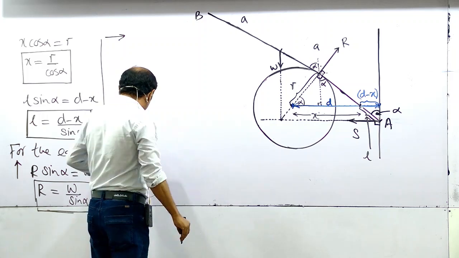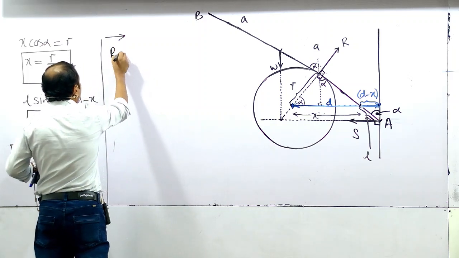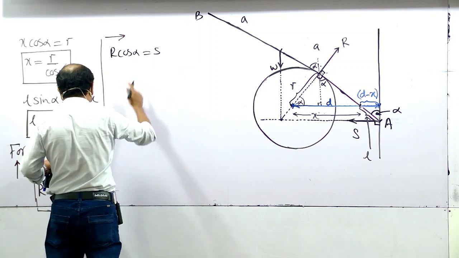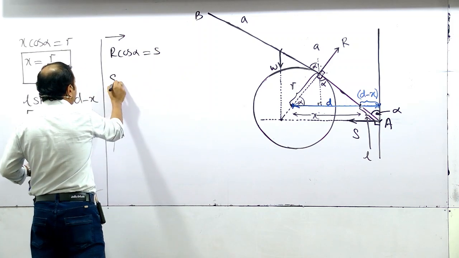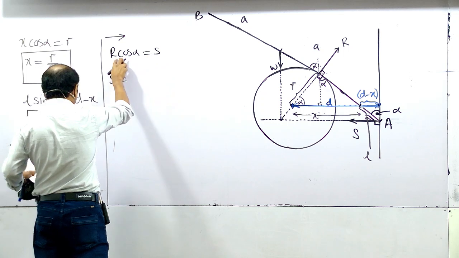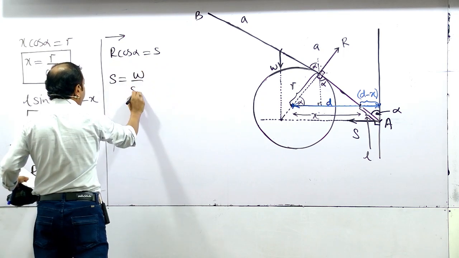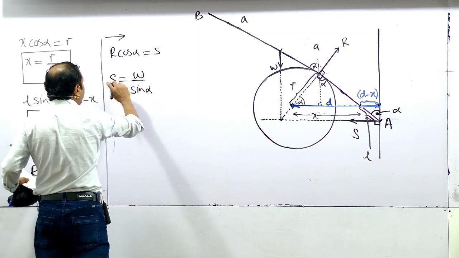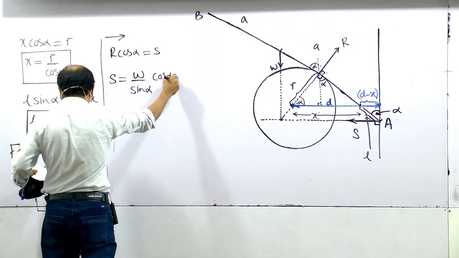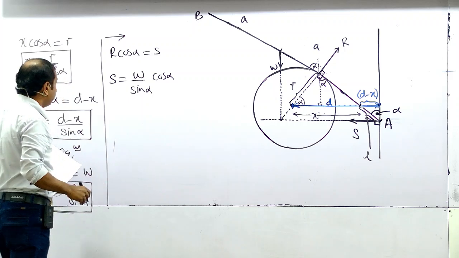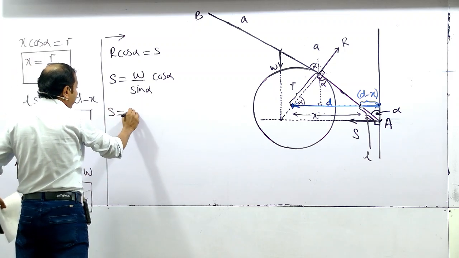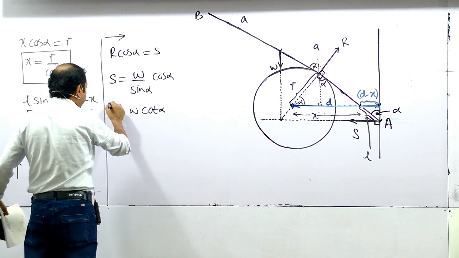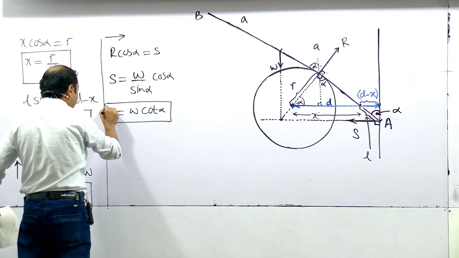R cos alpha equals S. Really, S equals R, that is W over sin alpha, times cos alpha, no? Right. This is S equals W cot alpha.